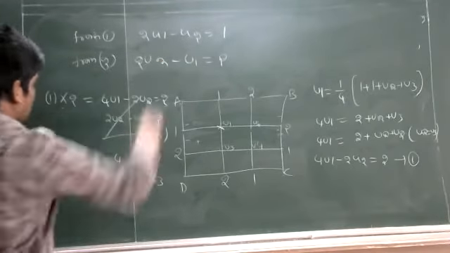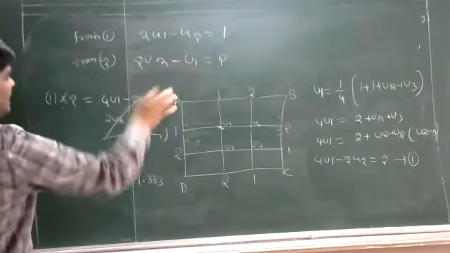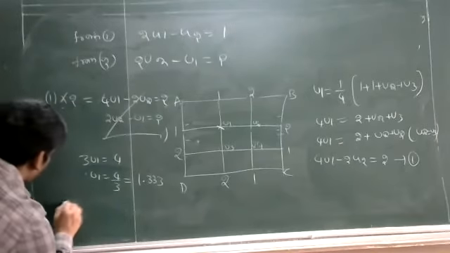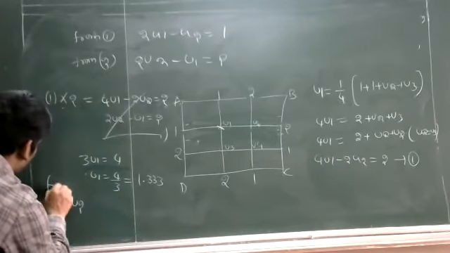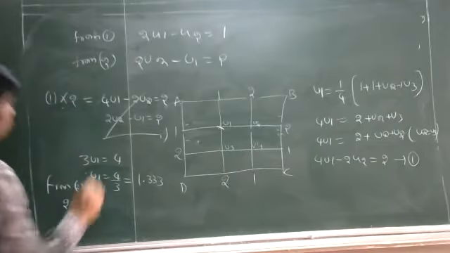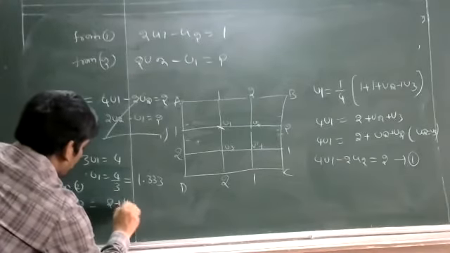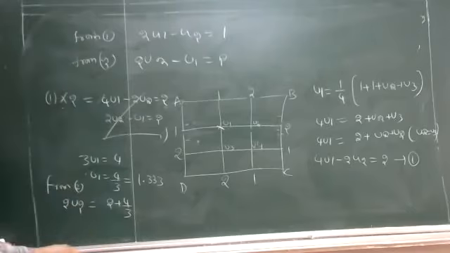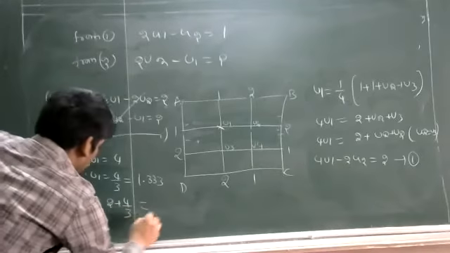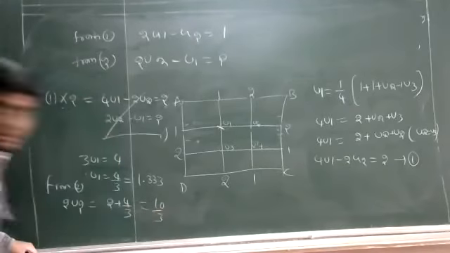Next, similarly, substitute the value of u1 in any of the equations, then you will get from 2, 2u2 is equal to 2 plus u1, that is 2 plus 4 by 3, which is nothing but 10 by 3.